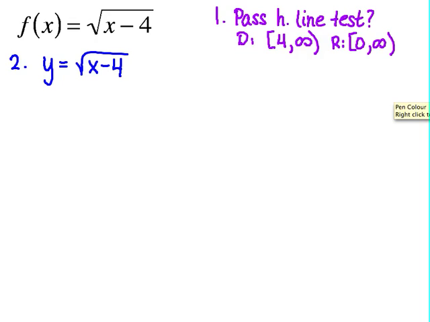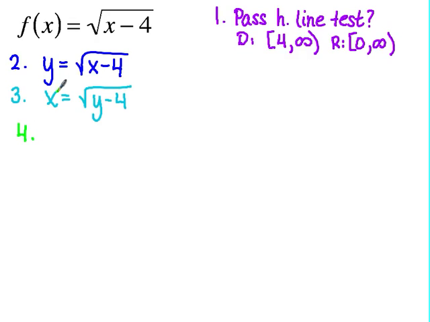What's the next step? Switch them. So x equals root y minus 4. What do I do now? Yep, so how do I do that? What's the very first thing I do? Square it.